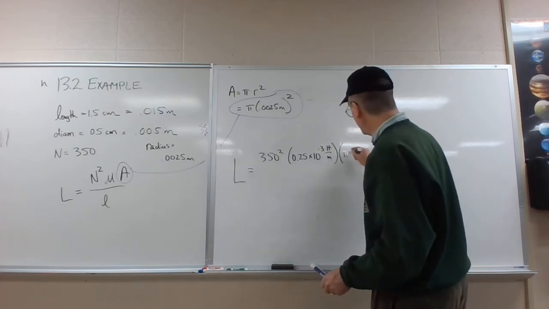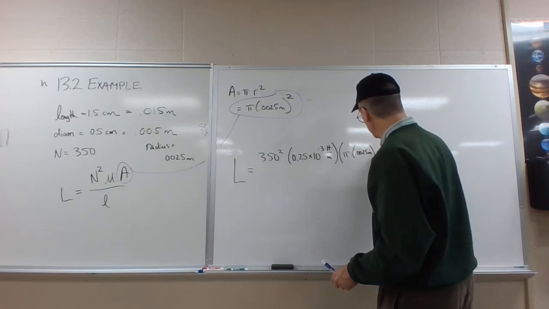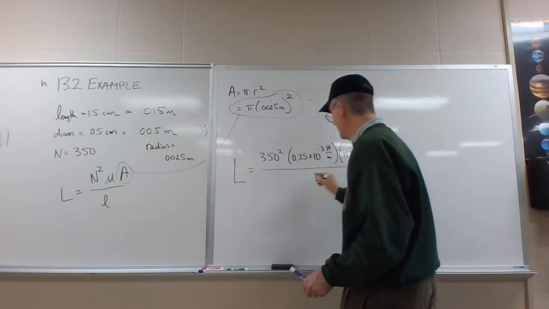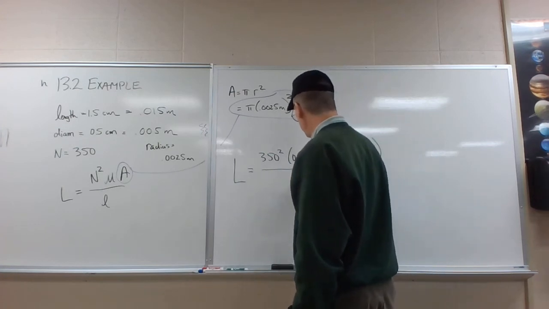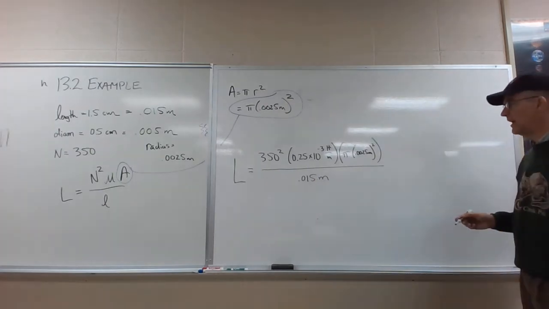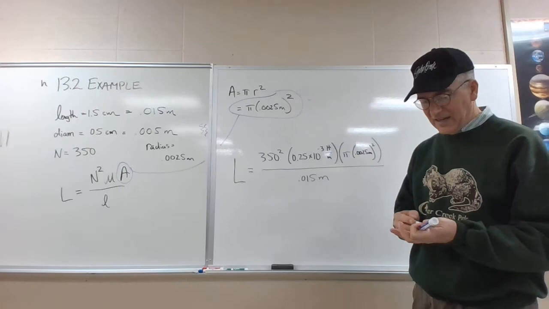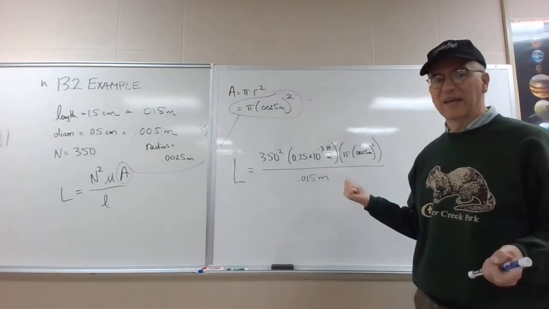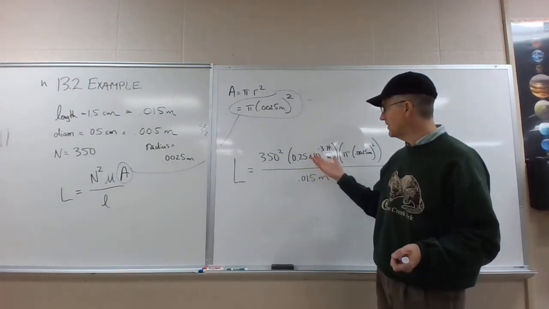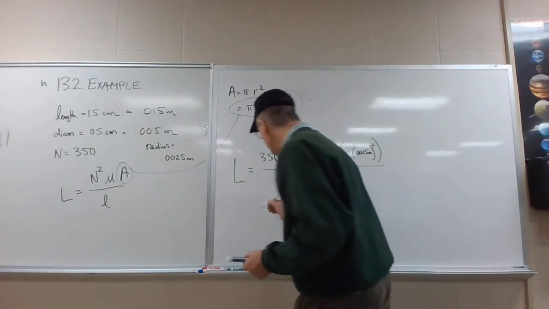Area is pi times 0.0025 meters squared, all divided by 0.015 meters. Needless to say, this is the kind of thing that it's easy to put into a calculator and goof up, because there's a lot of stuff here. So I'm going to try to break it down into pieces.